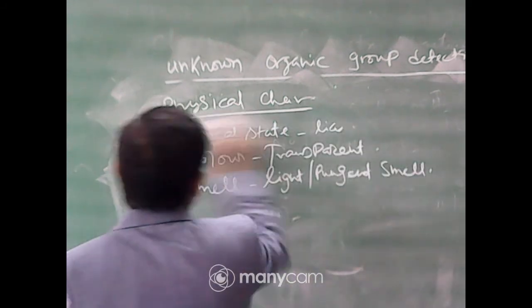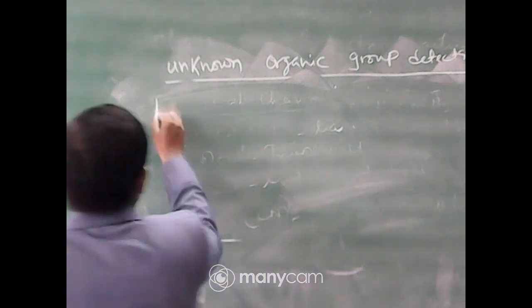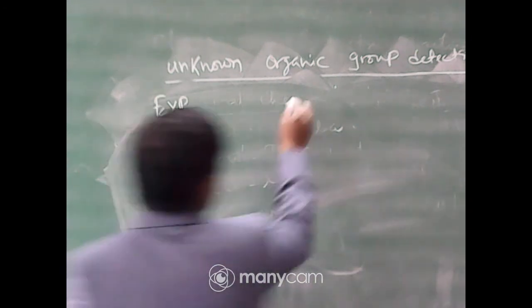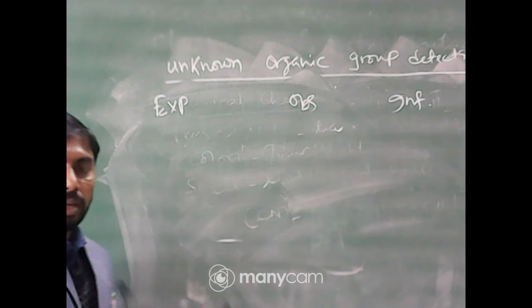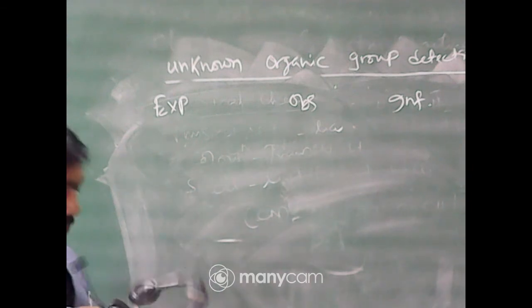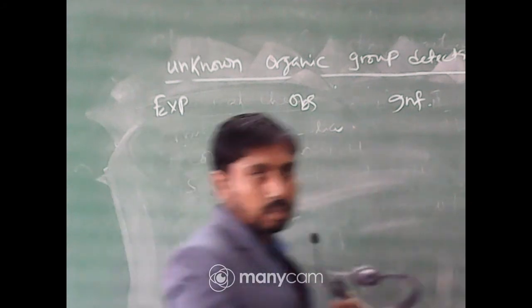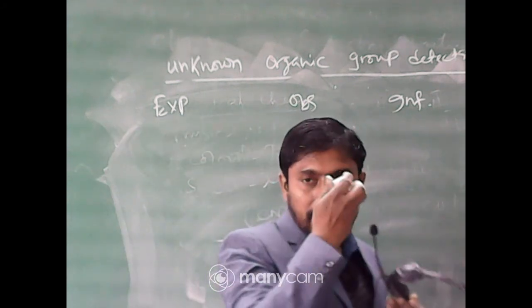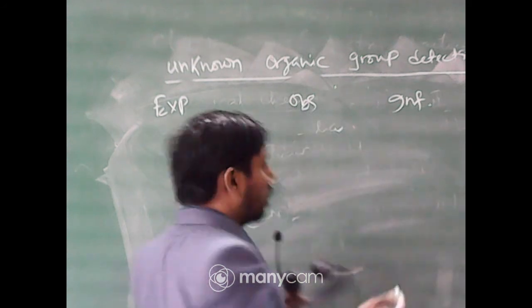Next is that the ketone is present, then you will column that experiment, observation, inference. Okay. Now it is better that you will mention the absent group first, because you have to write more than one test for the final present group.